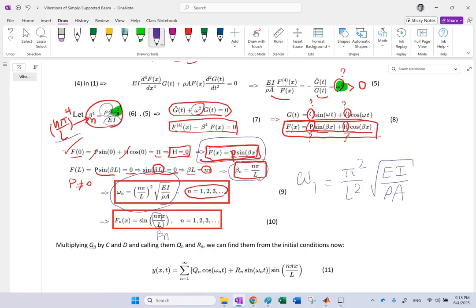And if you want, you can add this p of n as well here, but p of n is a constant. So f of x here, sine of n pi x over L, is your mode shape. So these are the mode shapes of this simply supported beam, and as I said, these are the natural frequencies.